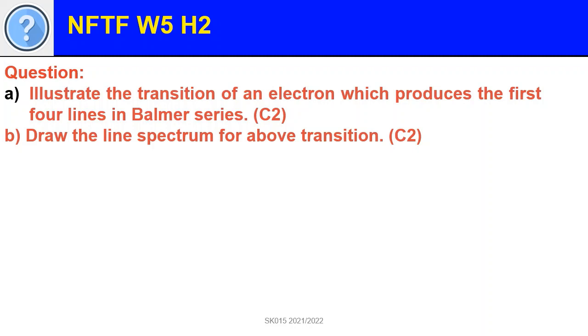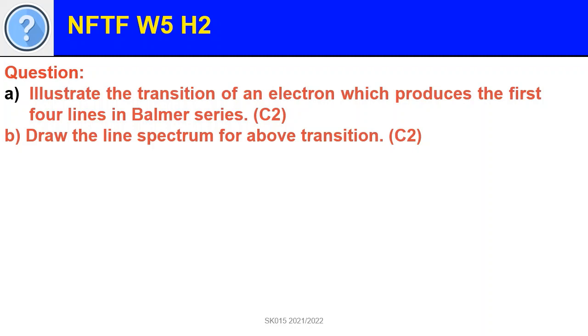Okay, and then the last question asks you to illustrate the transition of an electron which produces the first 4 lines in Balmer series, and then it asks you to draw the line spectrum for the above transition. Okay, so untuk menjawab soalan ni, awak kena melukis.